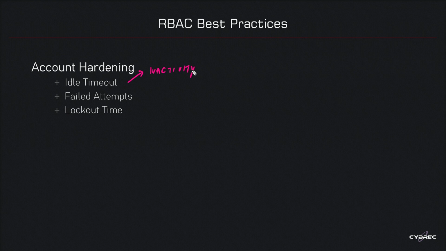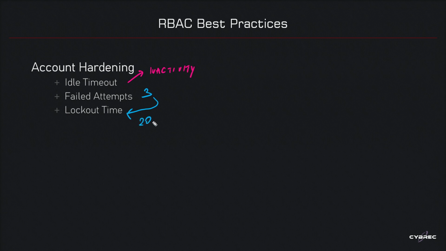Okay, we can specify a number of failed attempts, which is basically a number of unsuccessful authentications, which is going to cause the system to hold subsequent authentications for this amount of minutes, the lockout time.